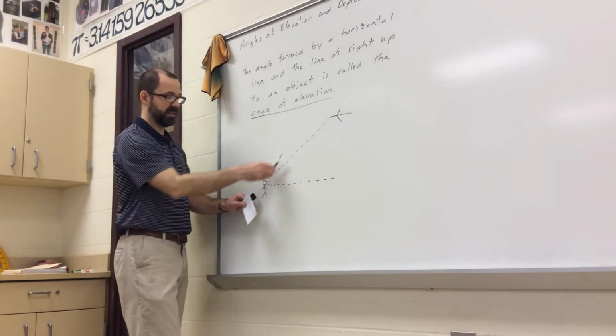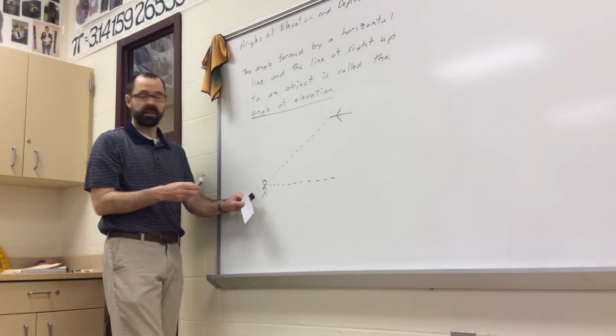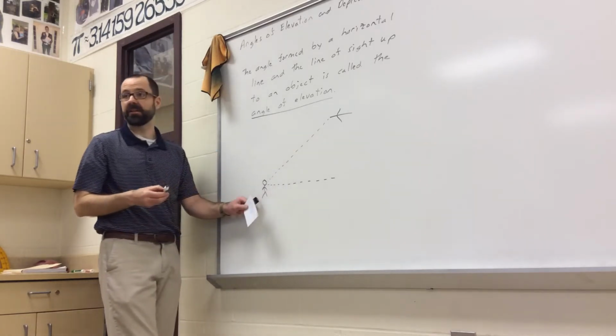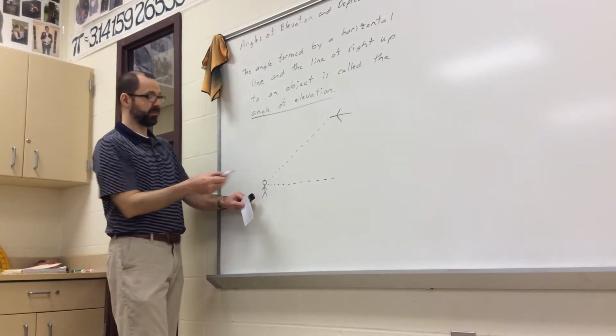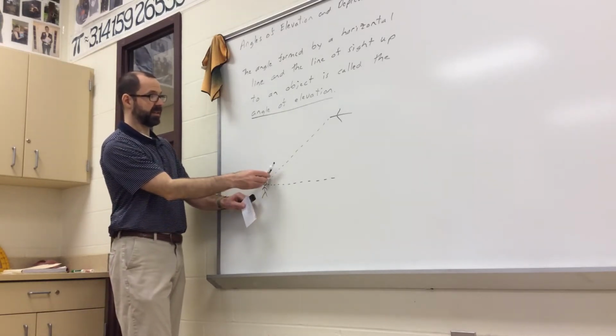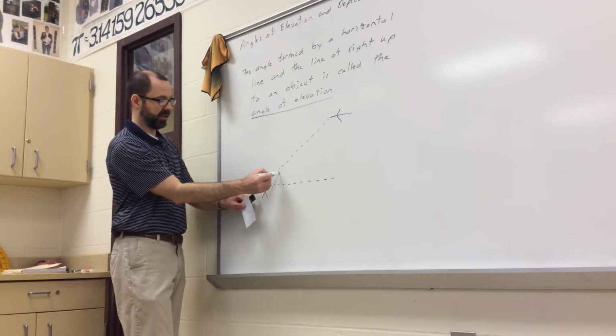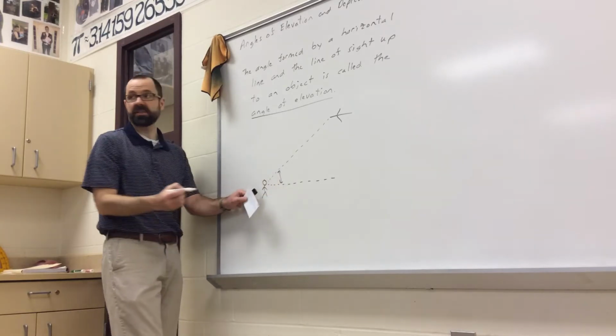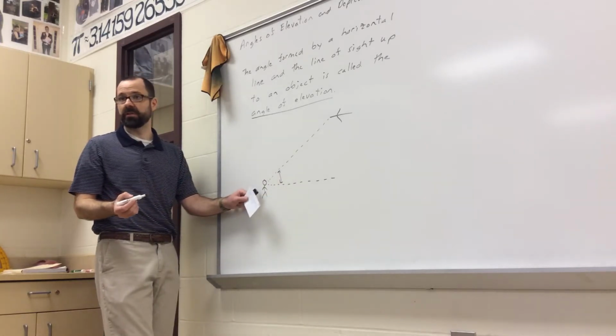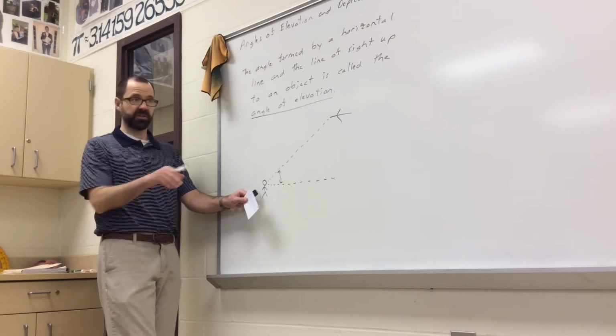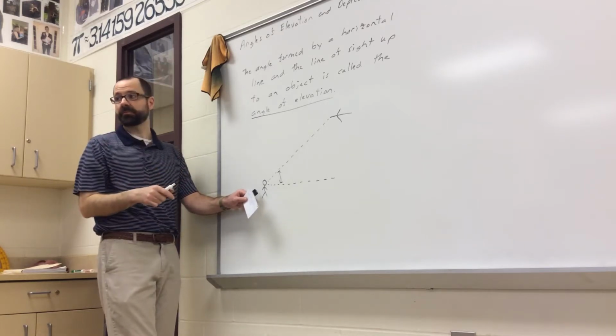The line of sight is where you're looking, and the horizontal line is the flat line. And the angle formed by that horizontal line and the line of sight, that's this angle here, that's called the angle of elevation. And it's elevation because you're looking upwards.